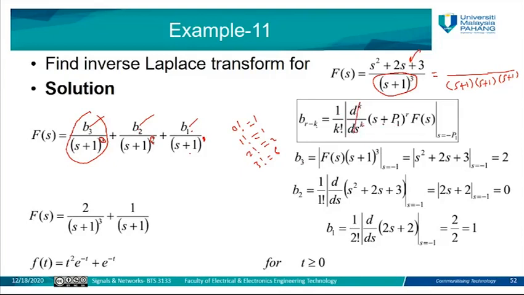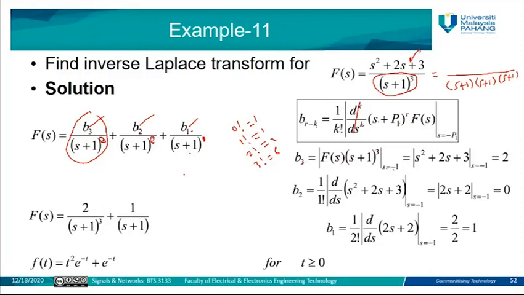Now (s plus p1) to the power of r. What is r here? It is 3. So just substitute, equal to 3, times F(s). Substitute for s equal to -p1, so each s here will be substituted by -p1 after we multiply by (s plus 1) cubed.